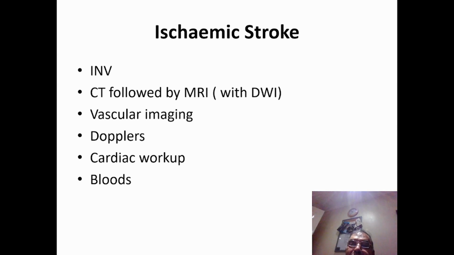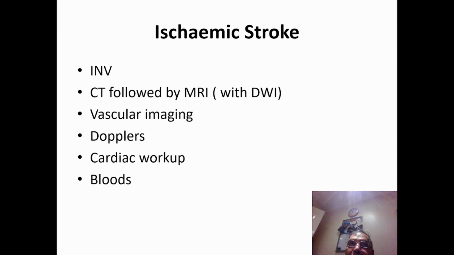Dopplers are done to check the neck vessels to see if there's any atherosclerosis or critical narrowing, as these patients may need to be sent to a vascular surgeon to prevent further strokes. A full cardiac workup, including echocardiogram, sometimes an arch aortogram, as well as ECG monitoring for a prolonged period of time to rule out intermittent atrial fibrillation, etc., needs to be carried out.